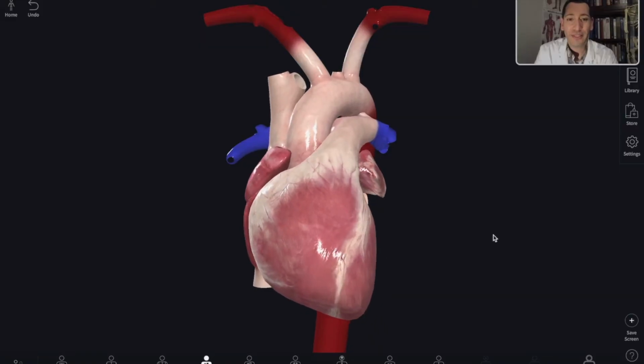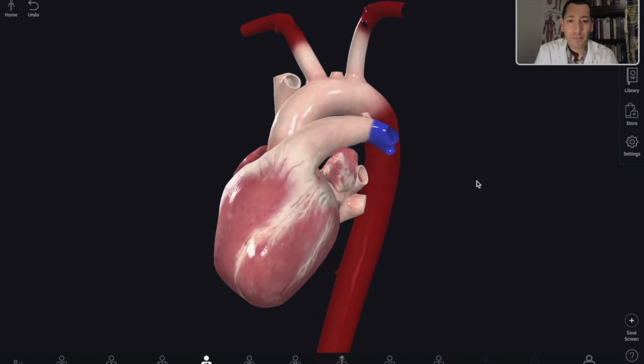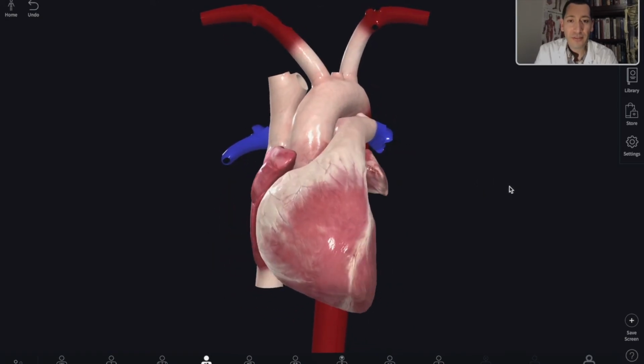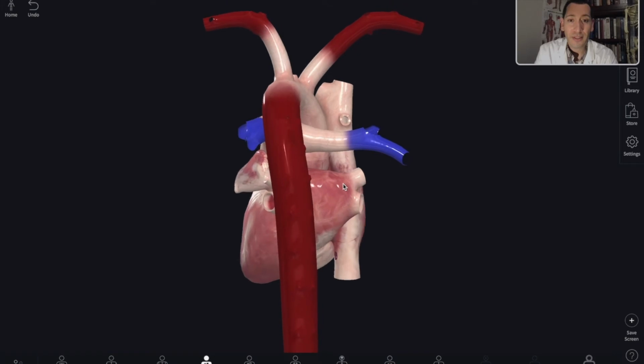So before we really get started, let's just look at this from a bird's eye view. So here's the heart, and we're looking at this as if our patient is facing us. If you took this heart directly out of you, you would actually be facing this way.